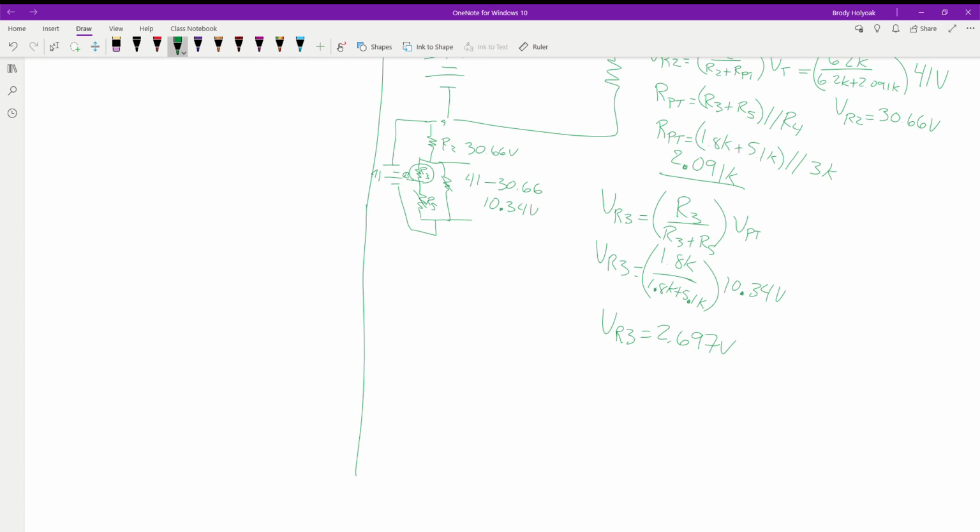So since we're still in our Thevenin solving here, V Thevenin is going to be equal to VR2 plus VR3, which is the formula we created earlier. So we have V Thevenin is equal to the 2.697 volts plus the 30.66 volts.